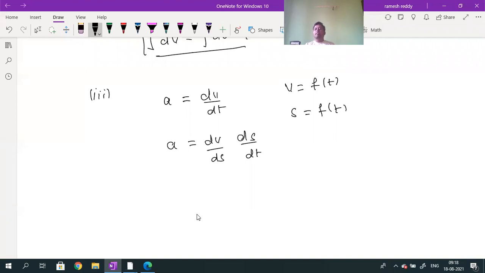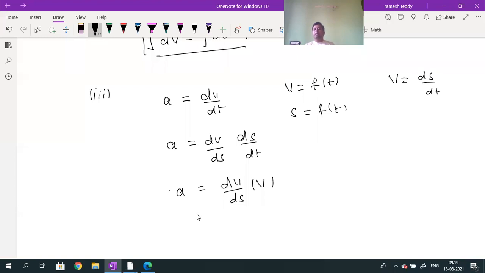Can I write that? a is equal to dv by ds into ds by dt, and ds by dt is nothing but v. We know v is instantaneous velocity, v is equal to ds by dt. So a is equal to v into dv by ds.